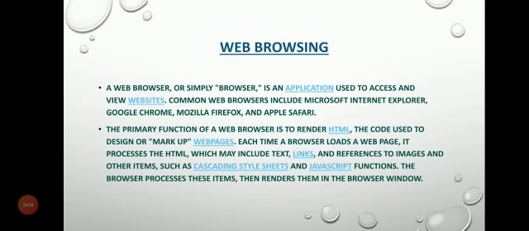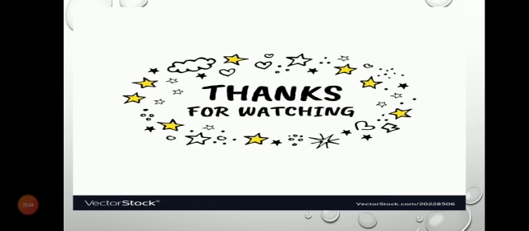Each time a browser loads a web page, it processes the HTML, which may include text and references to images and other items, such as cascading style sheets or JavaScript functions, and the browser processes these items and then renders them in the browser window.